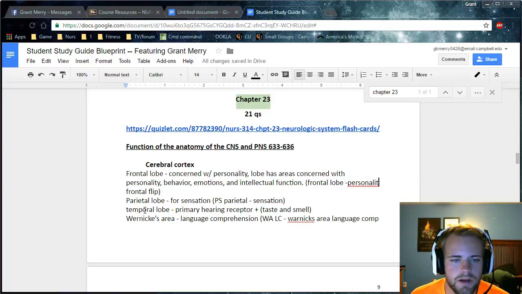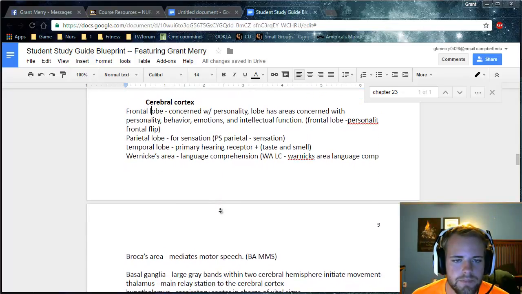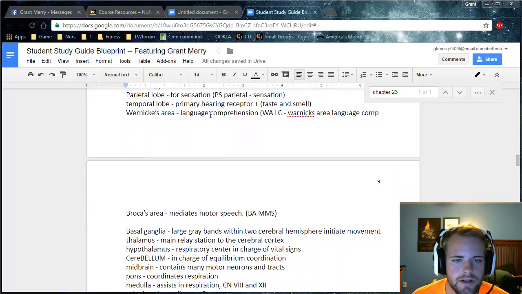Frontal lobe, personality. You can think frontal lobe, intrapersonal skills. By the way, this isn't developed fully till age 25, so some people say you really don't know yourself till you're 25.